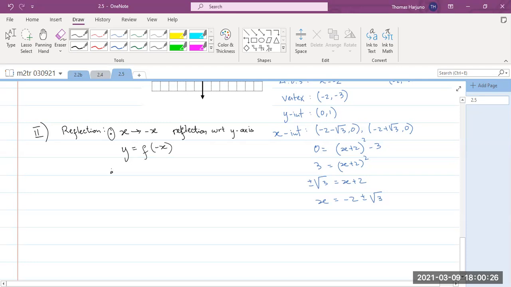Now reflection with respect to x-axis, the y becomes -y. So if your original graph is given by y equals f(x), then the reflection with respect to x-axis gives you -y equals f(x). But that equation is equivalent to y equals -f(x).